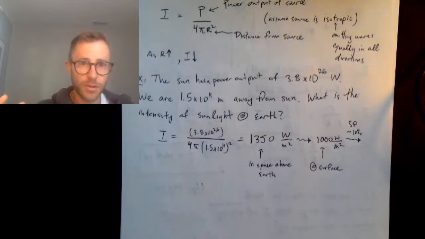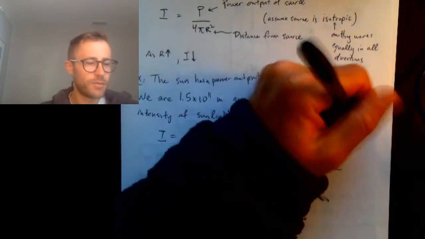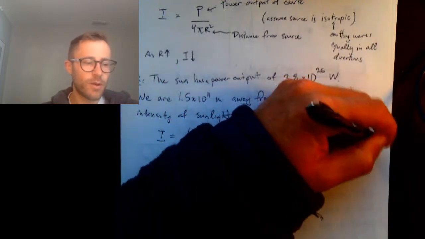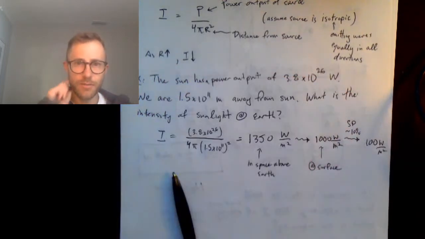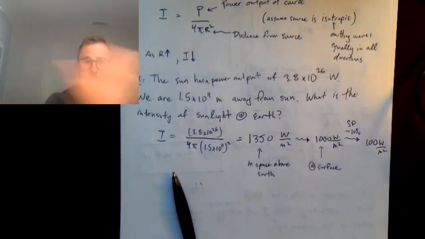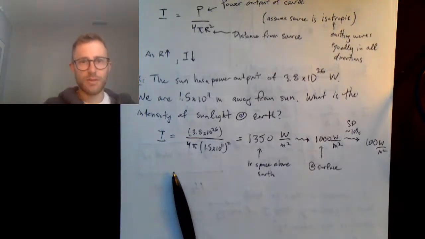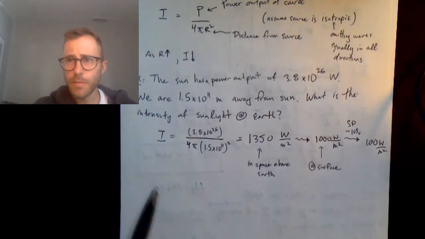But they're only able to convert 10% of that into usable electricity. So 10% of 1,000 is 100 watts per square meter. So if you have a 1 meter by 1 meter solar panel, it's going to be able to produce about 100 watts. Okay? So a 1 meter by 1 meter solar panel will output about 100 watts to your house during sunlight. Okay? So that's kind of interesting.